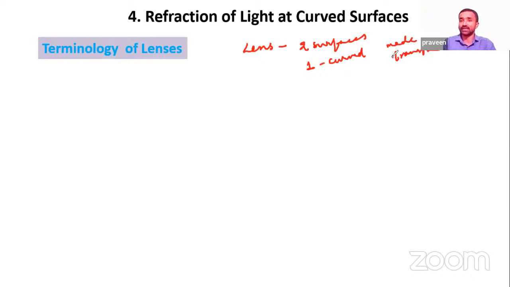So these are simple characteristics needed to decide the given object as a lens. Bounded by two surfaces, one must be a curved surface and a transparent material. So how can you design a lens actually?